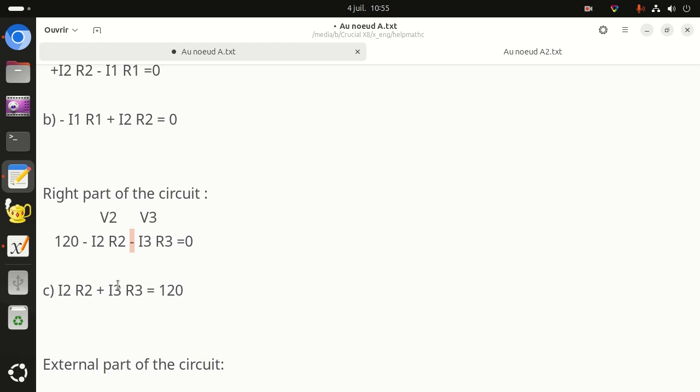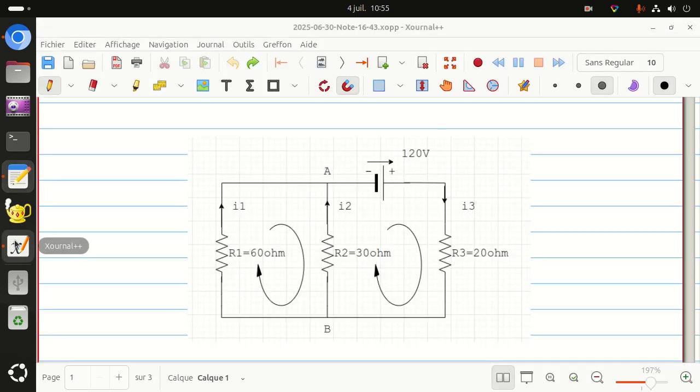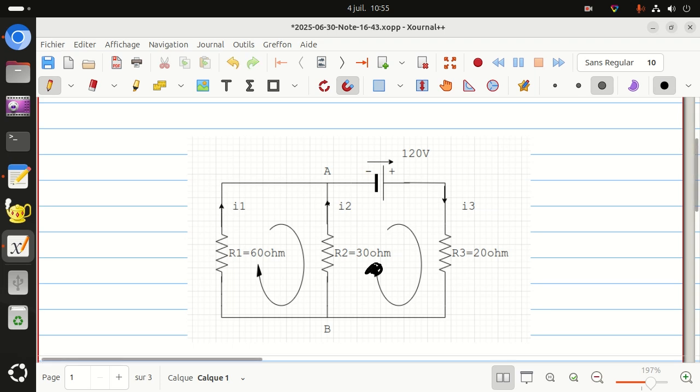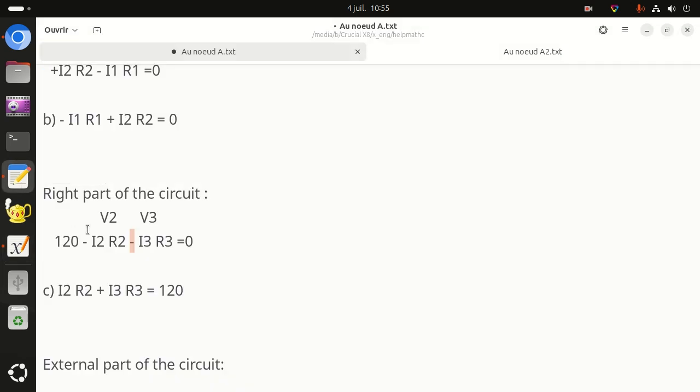Why? Because you can see the direction of the loop is the same as the direction of the current for V2, and the direction of the loop and the direction of the current is the same for V3. So I must put the sign minus for V2 and V3.